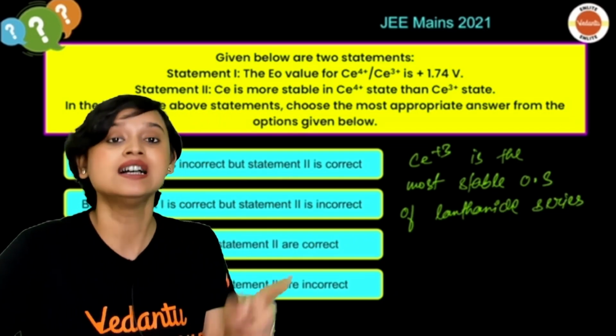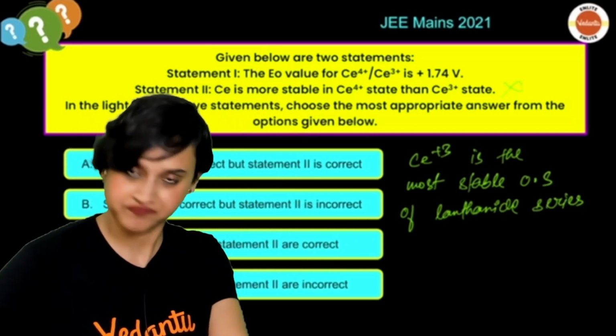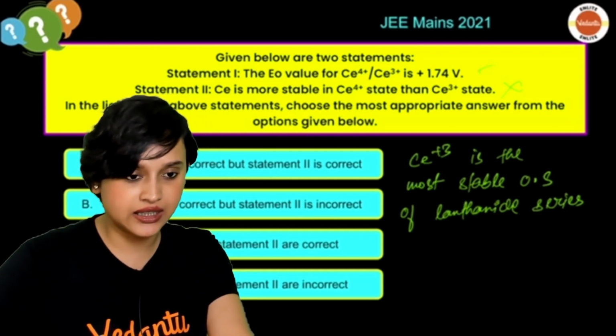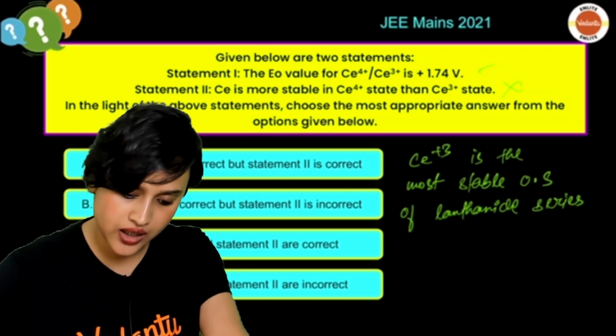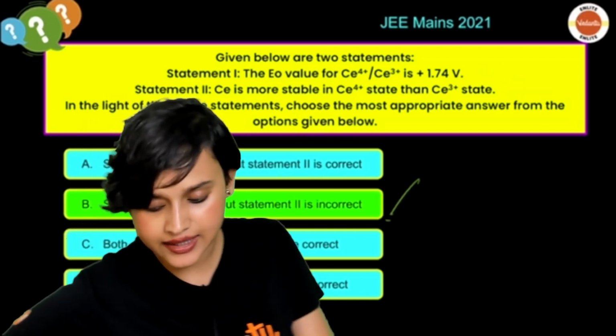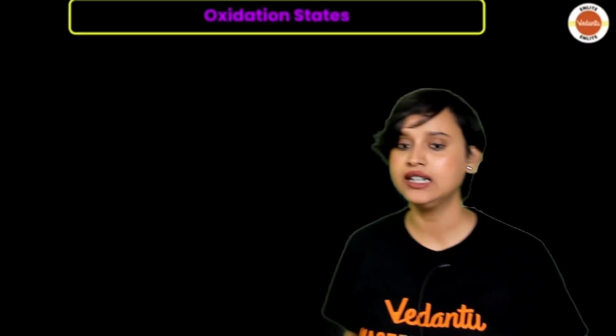So that means statement 2 is wrong, but statement 1 is right. Statement 1 is correct, but statement 2 is incorrect. So option B is the correct answer. Got it, everybody? Is this clear?